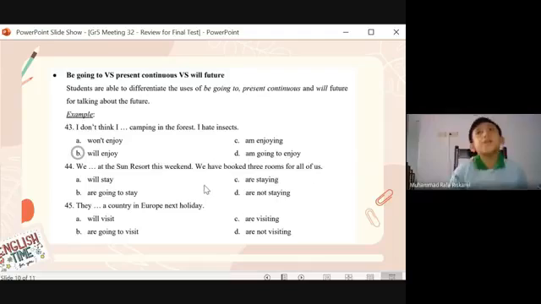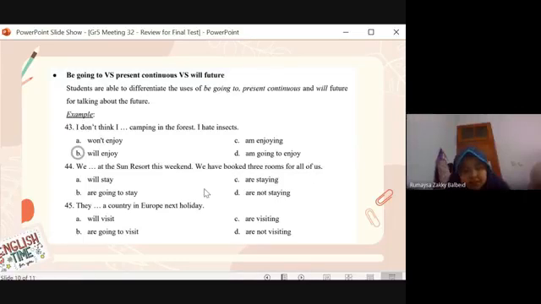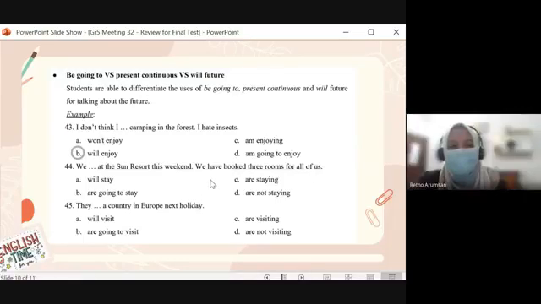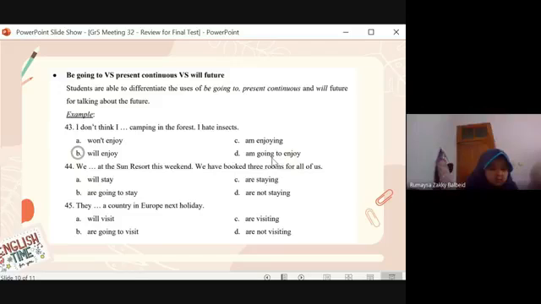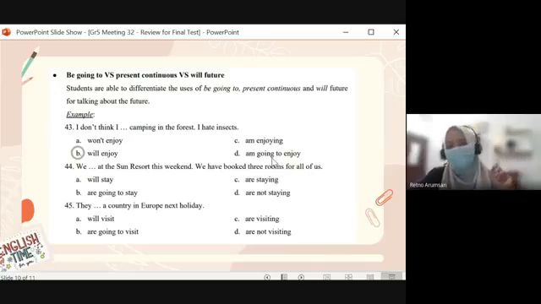Because of this weekend. No, don't look at that one. Look at this: we have booked 3 rooms for all of us. It means that it has been arranged, right? It's fixed. The rooms have been booked, and maybe the plane tickets have been booked too.